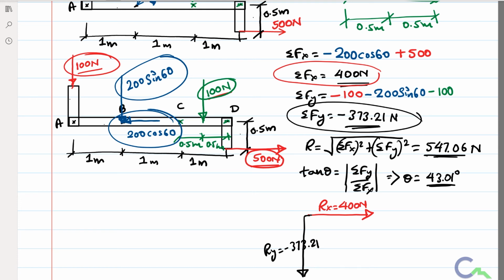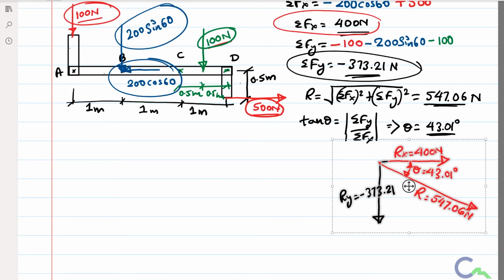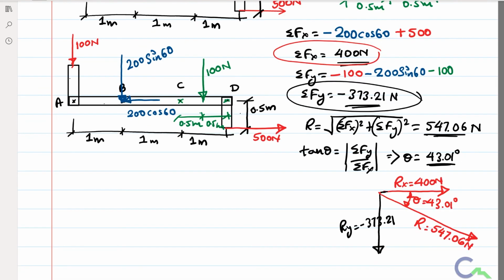Therefore resultant is acting in between these two forces, maybe here, because theta is 43.01 degree, then resultant is 547.06 Newton.